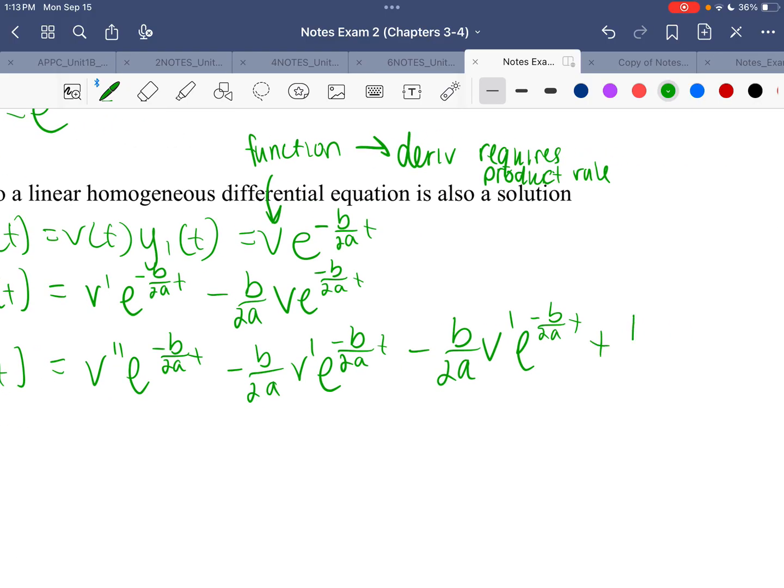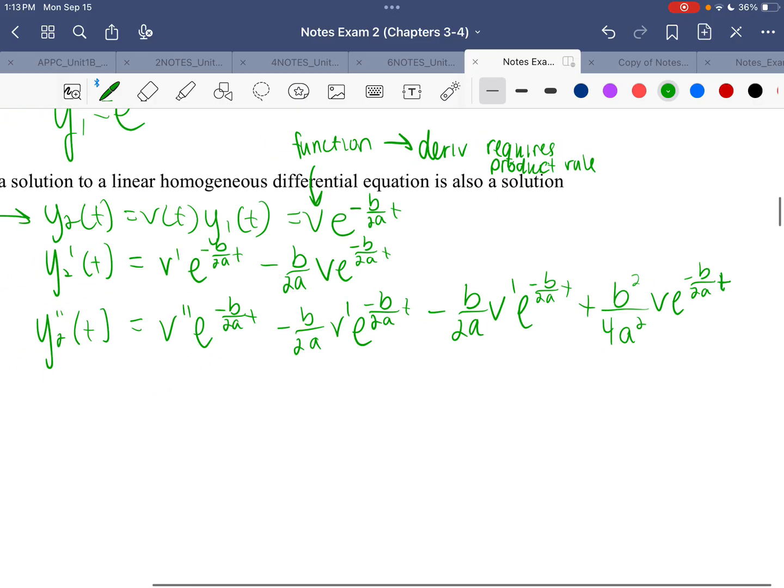Plus b squared over 4a squared v e to the negative b over 2a t. Okay, so this actually simplifies to be v double prime e to the negative b over 2a t.